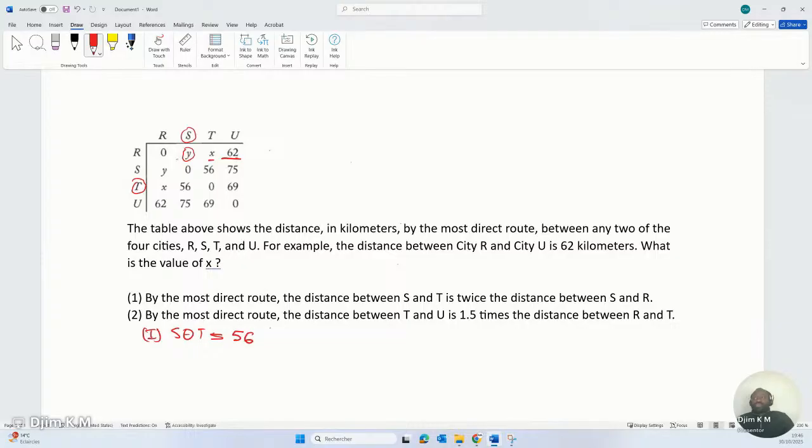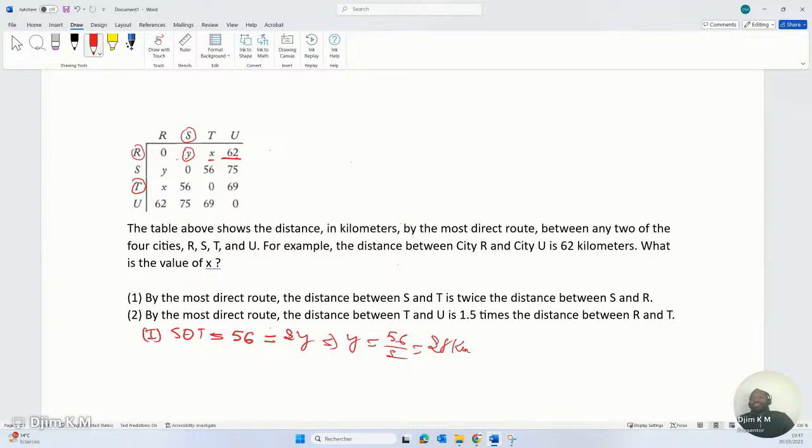Okay, S and T is 56. It is equal to twice the distance between S and R. Okay, S and R is Y, so 2Y. So we say that Y will be equal to 56 divided by 2, or 28 kilometers.